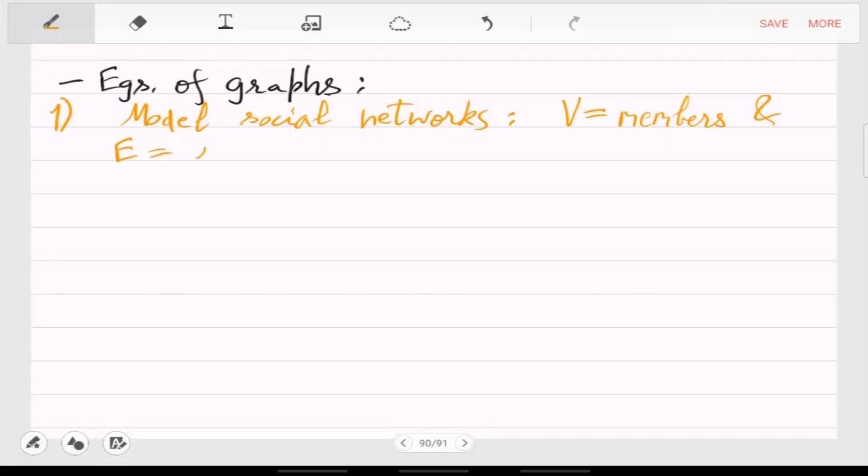Members could also be non-people, they can be companies and so on. So the vertex set is the set of members. And what are edges? The edge is the relationship. It can be friend or follow or whatever definition they have. So relationship between members.